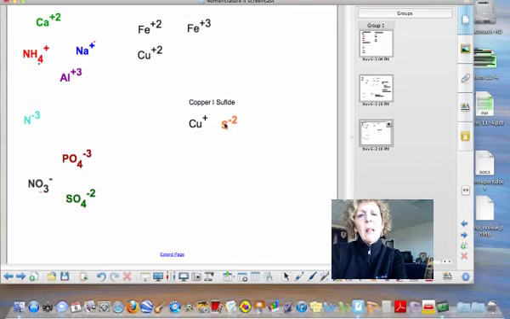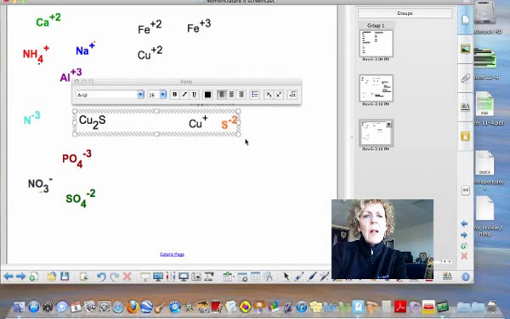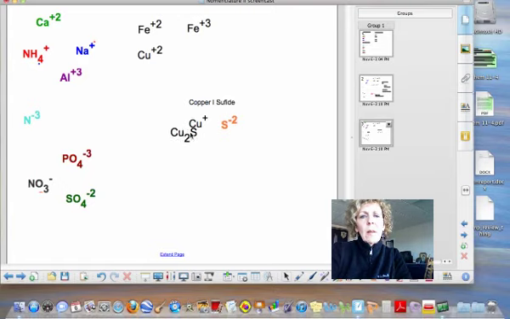All right, so I have a +1 and a -2, so I'm going to need 2 of these coppers, right? Don't need a parentheses because it's not a polyatomic ion. So I'm going to write Cu subscript 2 S. Okay, so here is copper 1 sulfide.